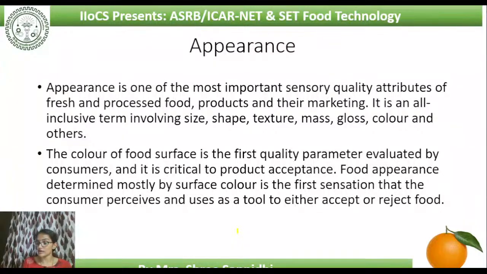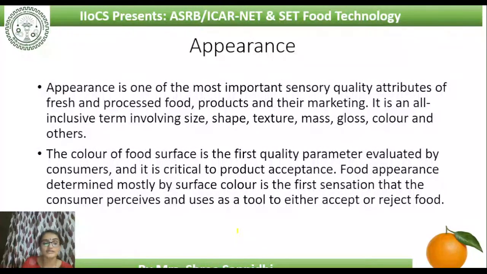Then gloss, how shiny or how attractive it is. Then color, and other external properties come under appearance. The color of food surface is the first quality parameter evaluated by consumers, and it is critical to product acceptance.